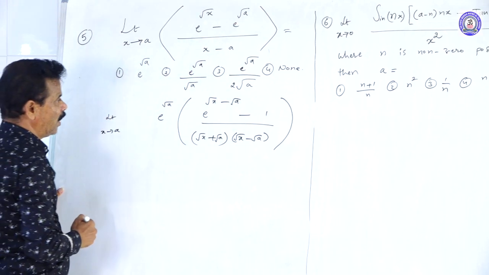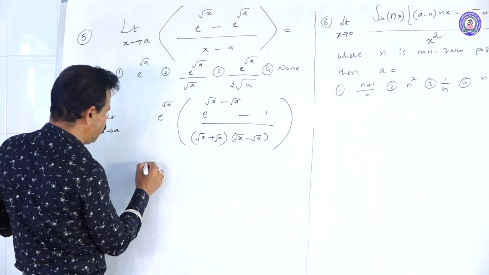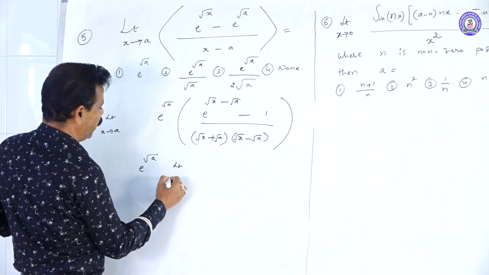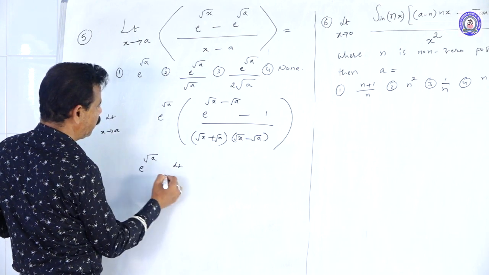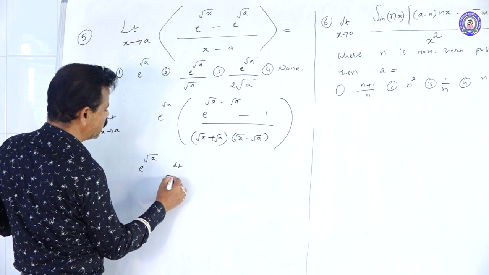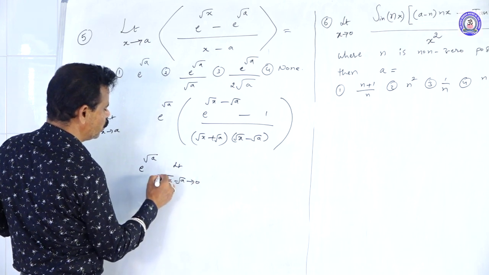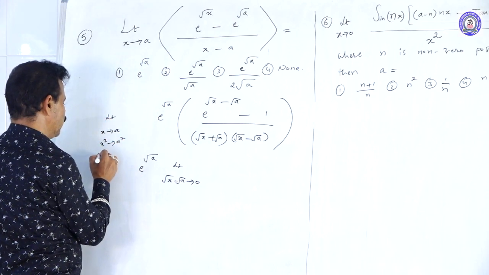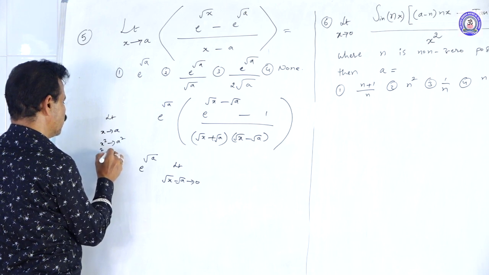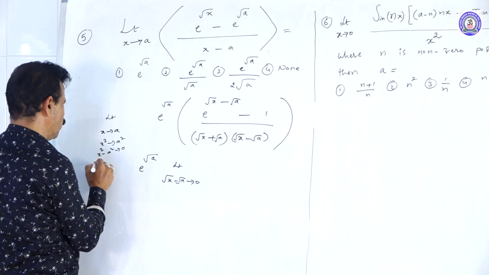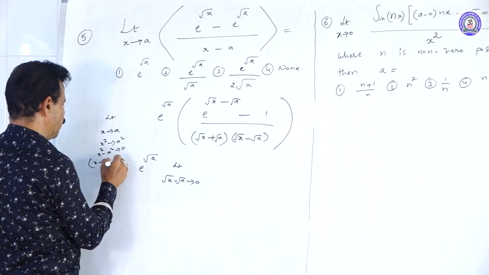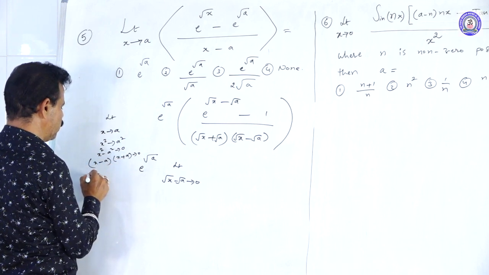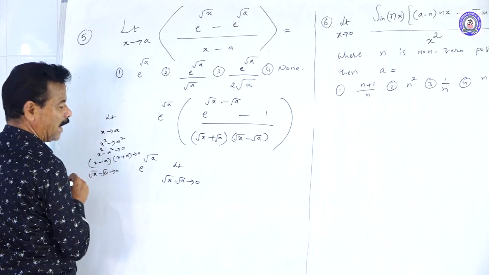That problem. Now it is also taken as e power of root a outside. Limit x tends to a, that means root x minus root a tends to also 0. It is x square tends to a square, x square minus a square also tends to 0. It is x minus a into x plus a tends to 0. So x minus a tends to 0 means root of x minus root a also tends to 0.